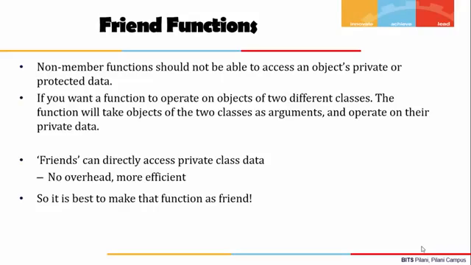So if you are not a member of the class, you cannot get in. However, there are situations where such rigid discrimination leads to considerable inconvenience. Suppose a function wants to operate on an object of two different classes. The function will take objects of the two classes as arguments and operate on their private data.